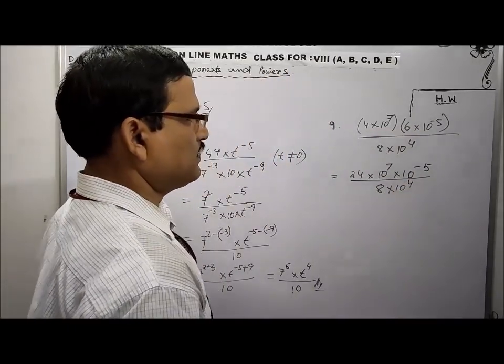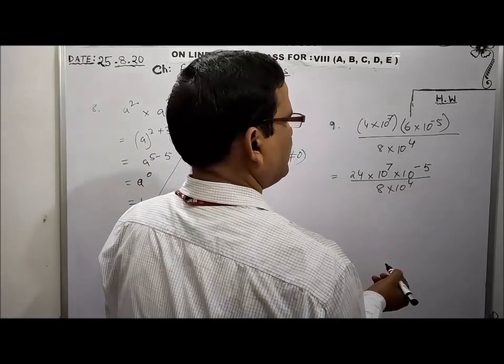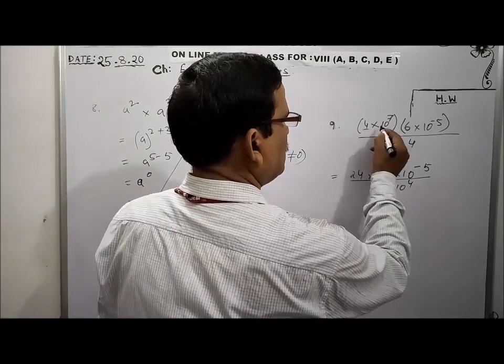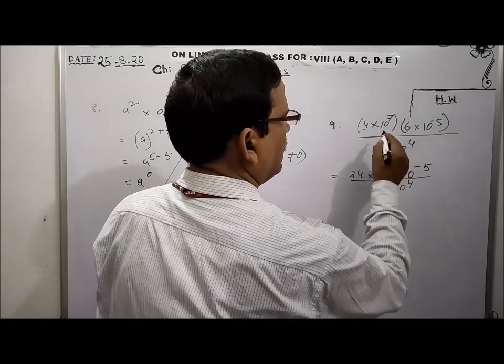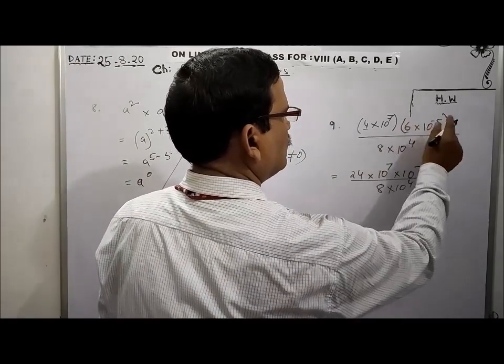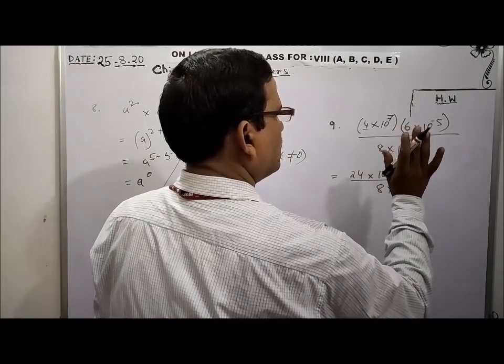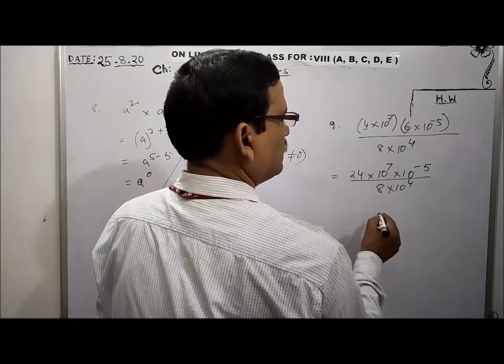Have you understood this part? So you have to apply tricks. This two number I have just multiplied, and these two number I have given as it is, so that I can follow certain rules.